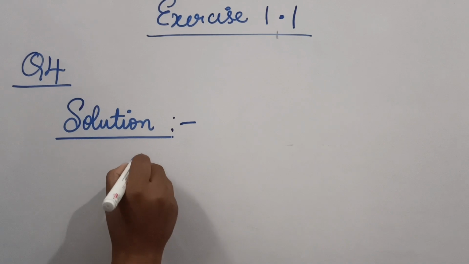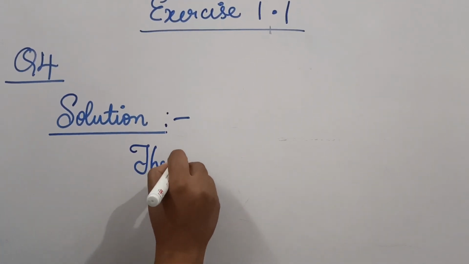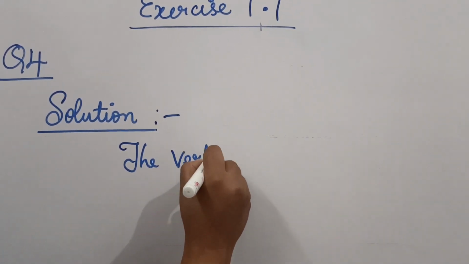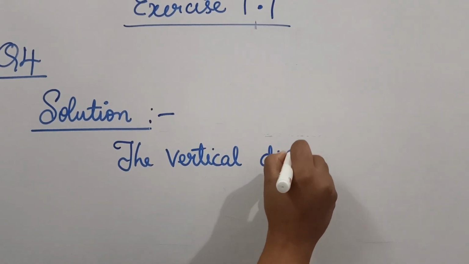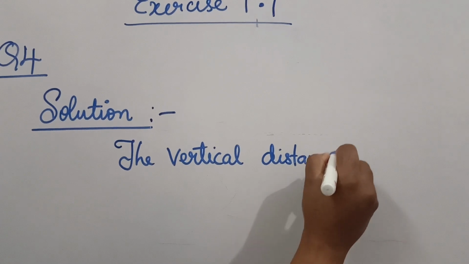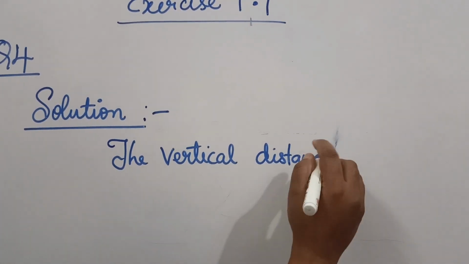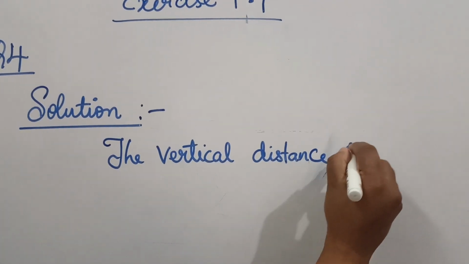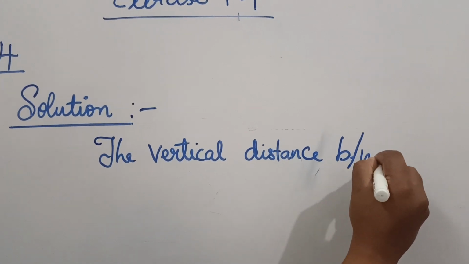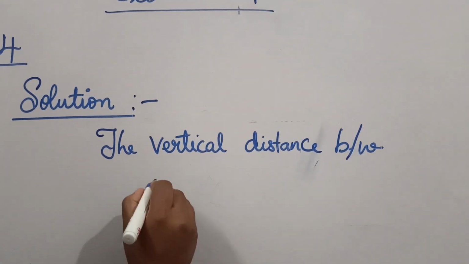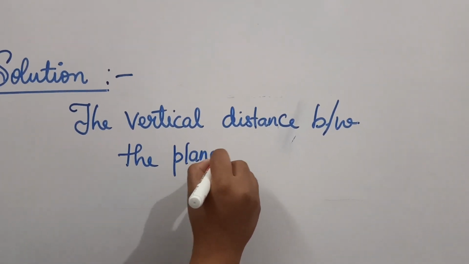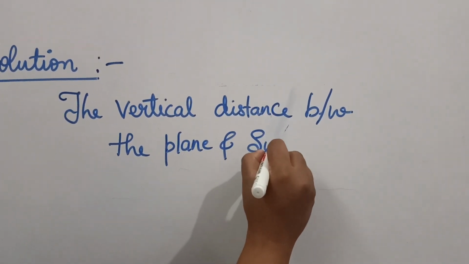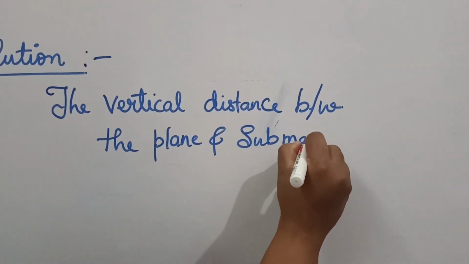So let's write the vertical distance. As I said, the vertical distance between what? The plane and the submarine.